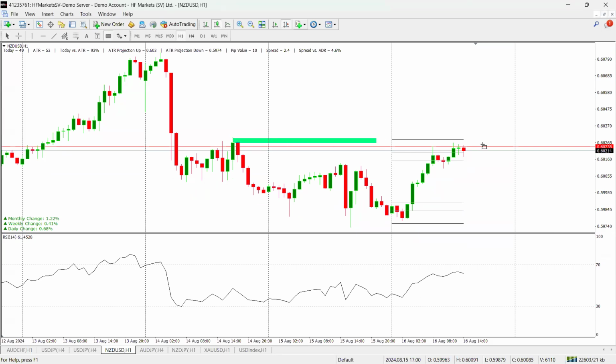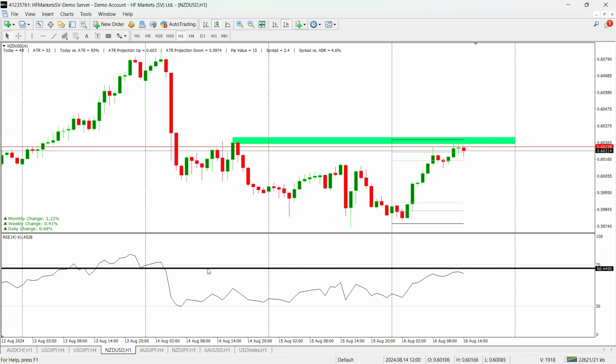There's a resistance holding price right here under normal circumstances. I can also see that RSI is struggling around the 70 region. There's something around here that has been keeping it at bay, and this bit of price action at this point is also keeping it at bay. You can see it's struggling around here, which means it's not finding it comfortable to move above.